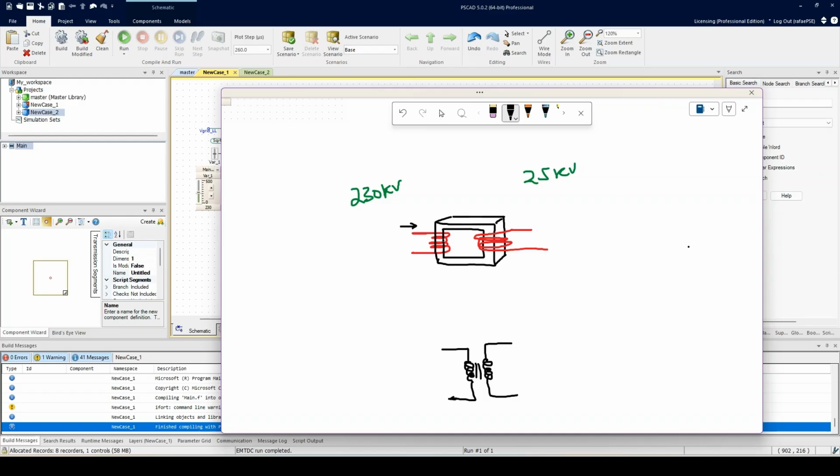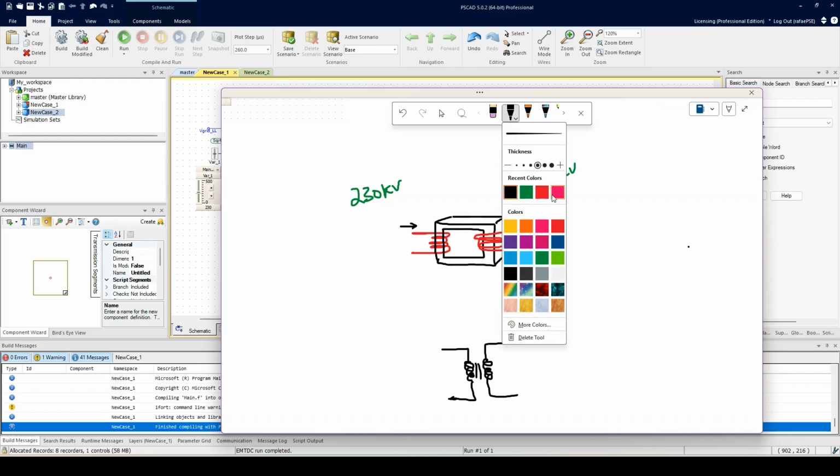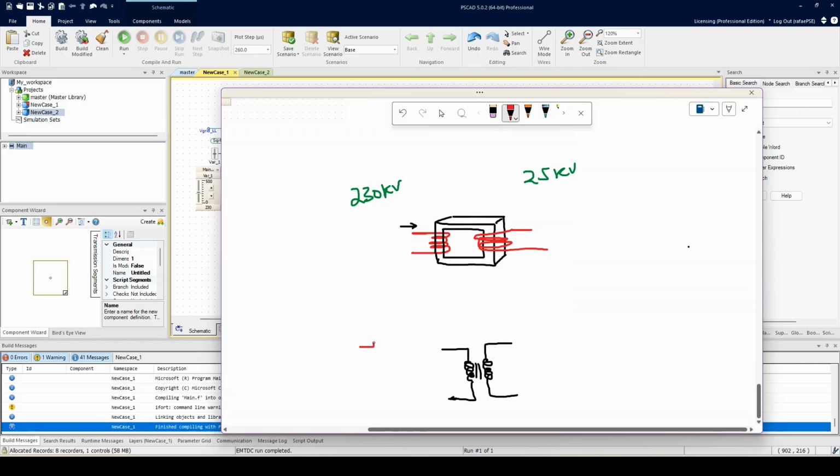I'm not even talking about the inductance at the moment, I'm talking about the resistive losses. Because this is a copper winding, the copper has an inherent resistance that gives some opposition, and that needs to be accounted for. So I'm going to draw that in red for the primary side, and in red for the secondary side as well.